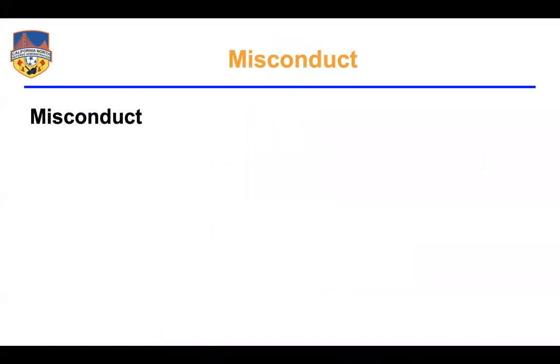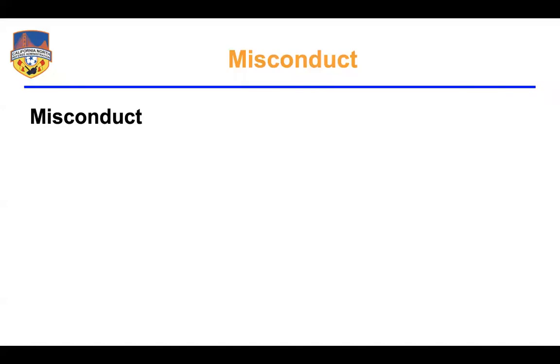So again, just a quick summary for the laws of the game. We have three levels of, I don't like the word punishment, but punishment, for lack of a better word, when dealing with fouls that happen on the field. If we have a careless foul, then simply blowing the whistle and awarding a free kick for the opposing team is the first level of punishment or repercussion for somebody who commits a foul.